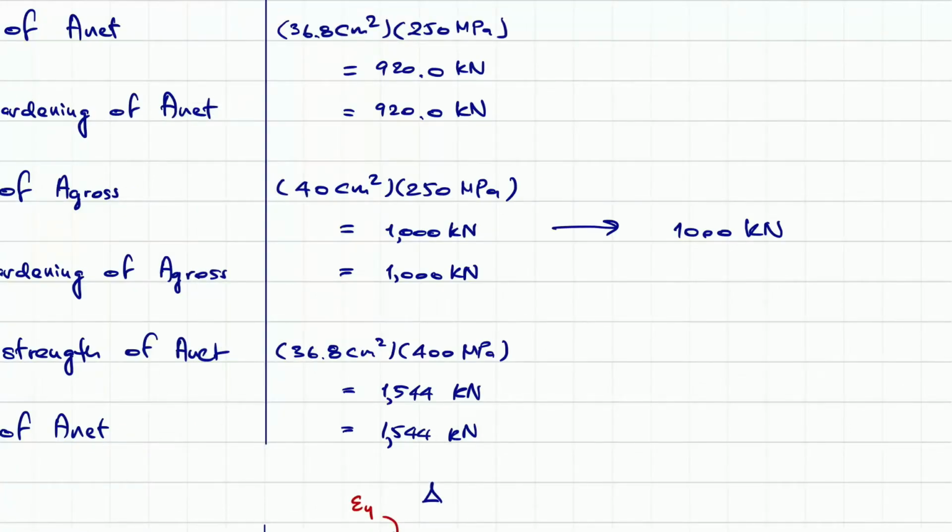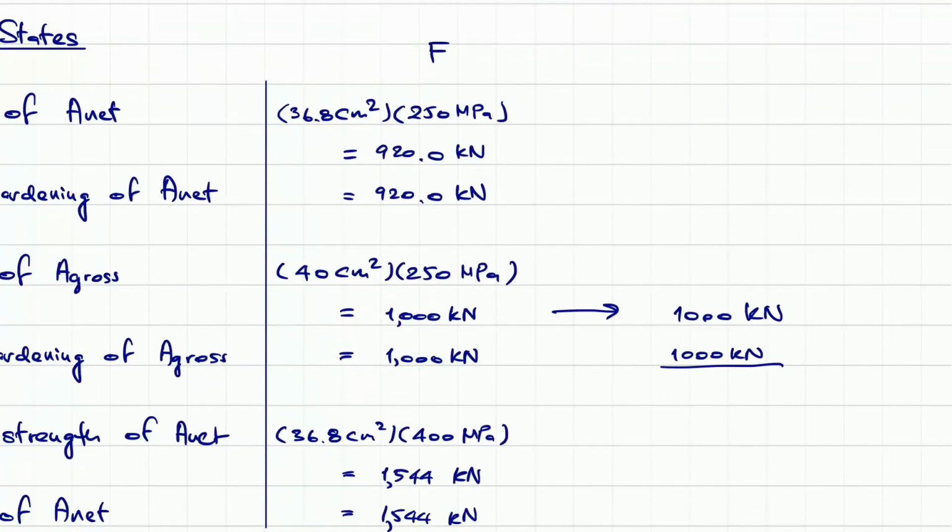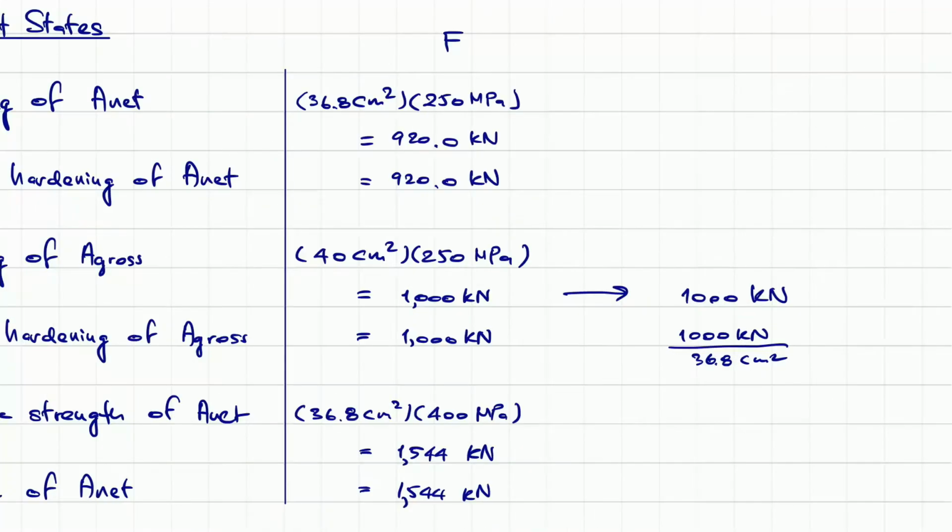So you take the 1000 for the stress, divide by 36.8 centimeters square, and then you just convert it to megapascal. 1000 divided by 36.8, you end up with 272.